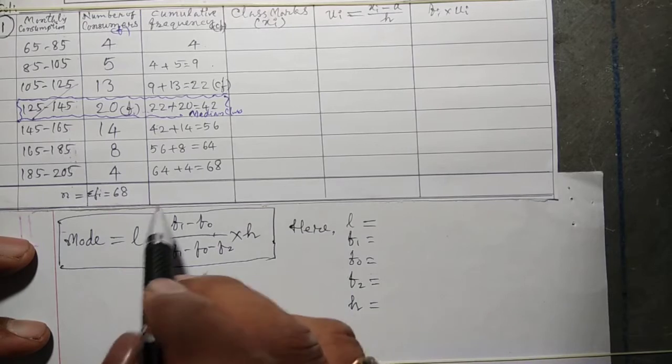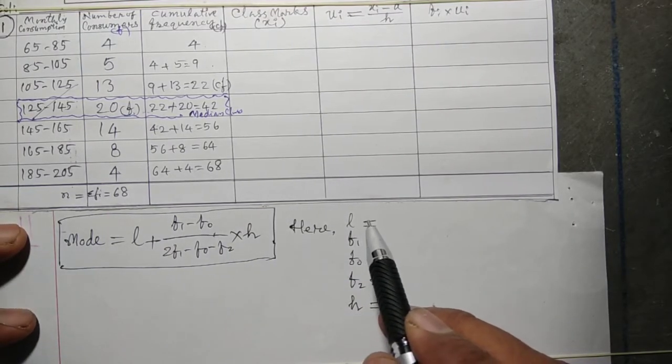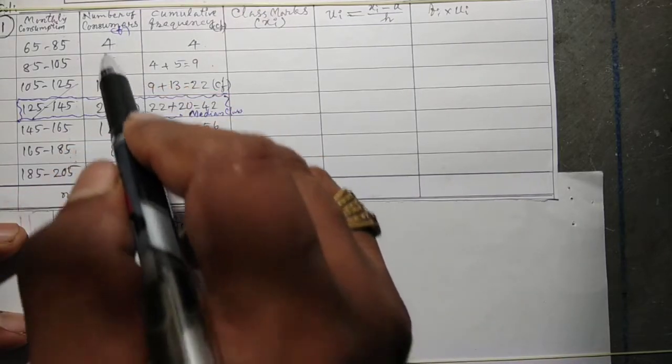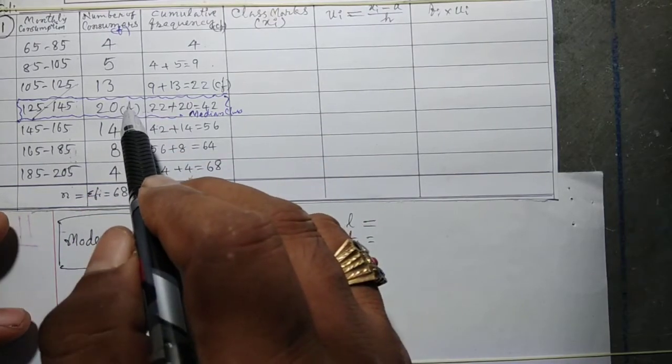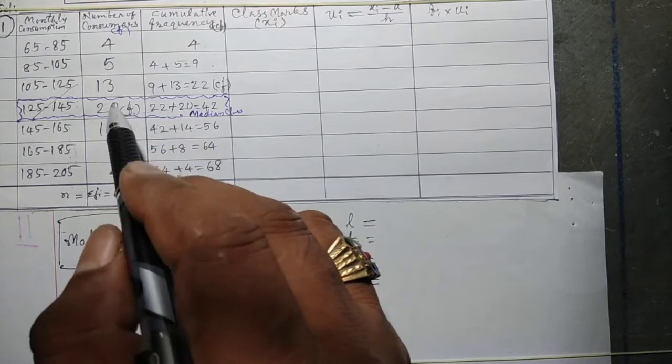So where is the modal class? How can we find the modal class? By observing the frequencies, the number of consumers.